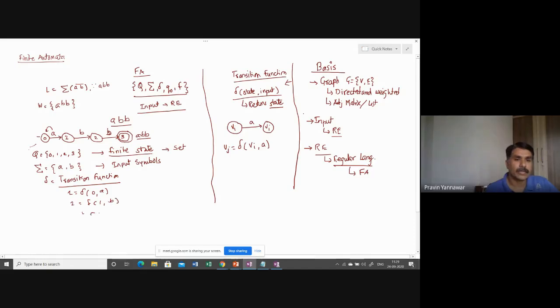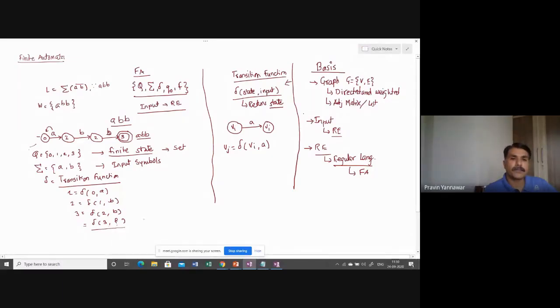Then delta 2 comma B, what does it give me? 3. Got it. So you have got this using a transition function. So here, if I say delta 3 comma question mark, because on 3 you don't have any input symbol, so you don't go anywhere with delta 3.